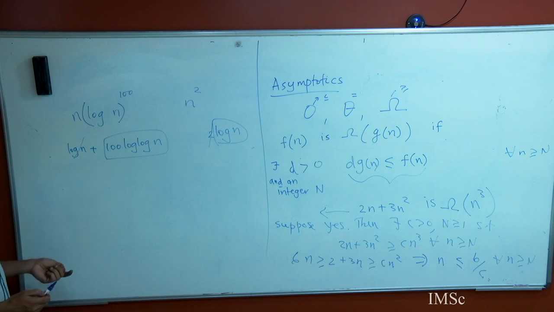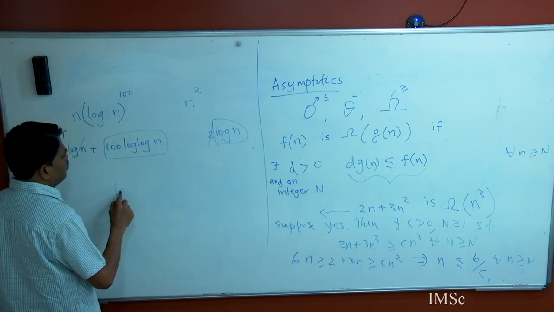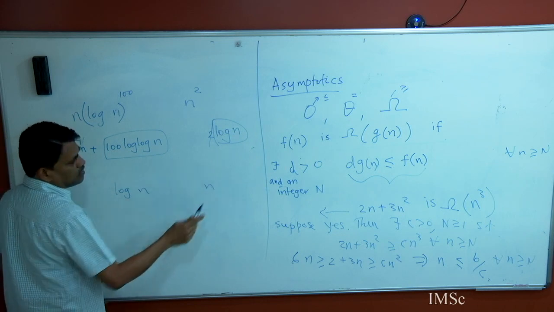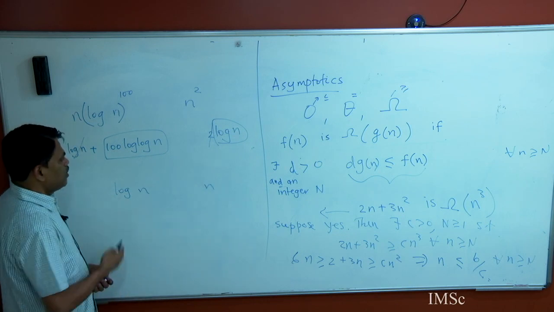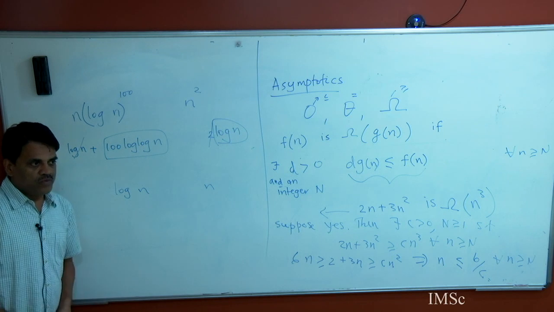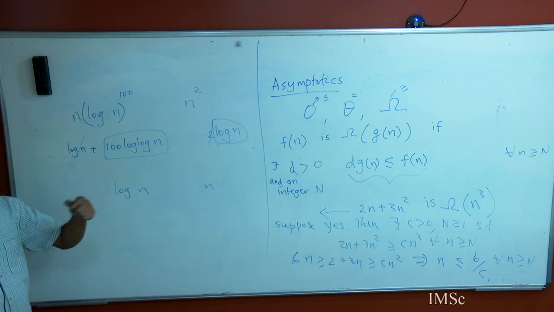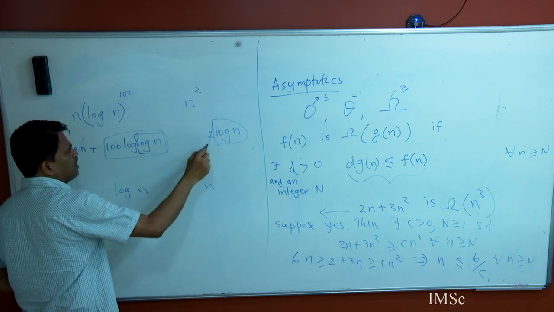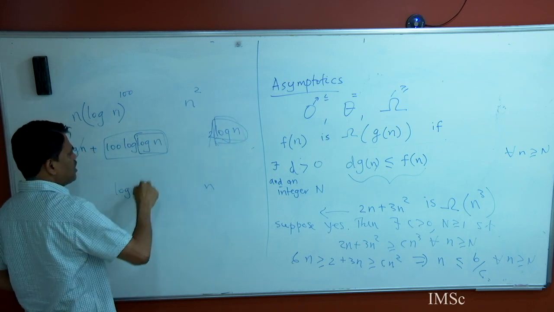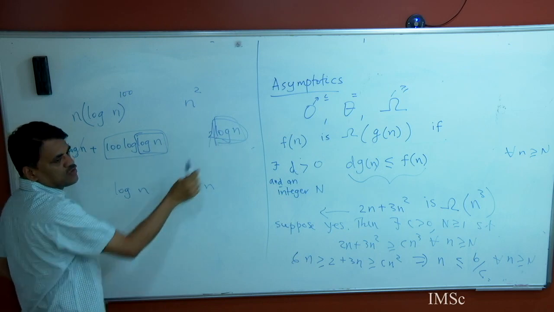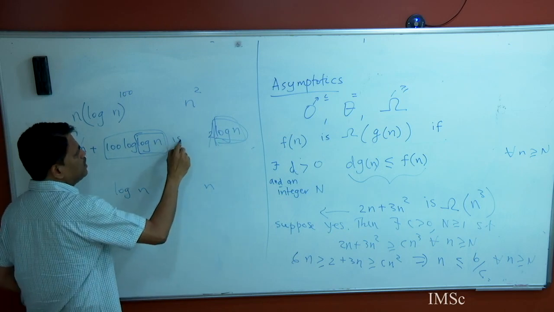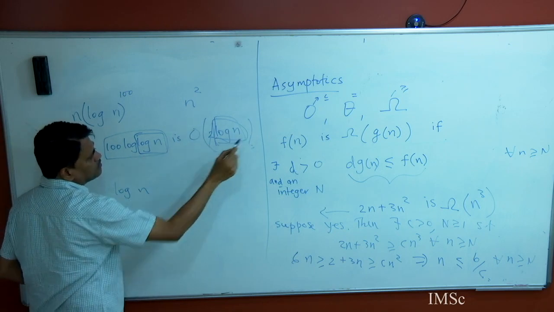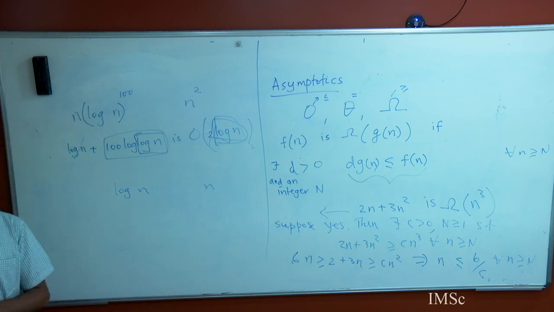Between log n and n, which is a fast growing function? N. So this is basically log of something and something; instead of n, you have log n here. So this will be the fast growing function, and this would be big O of that.